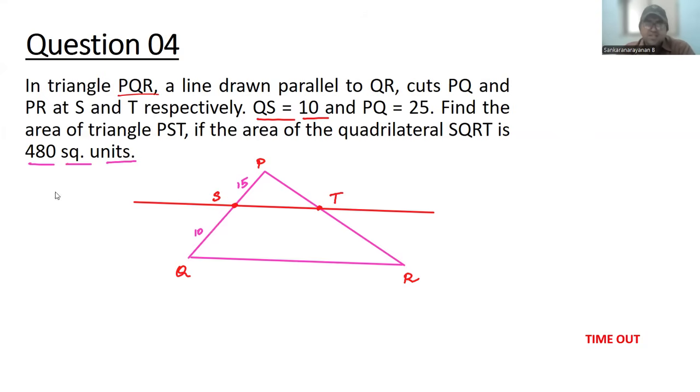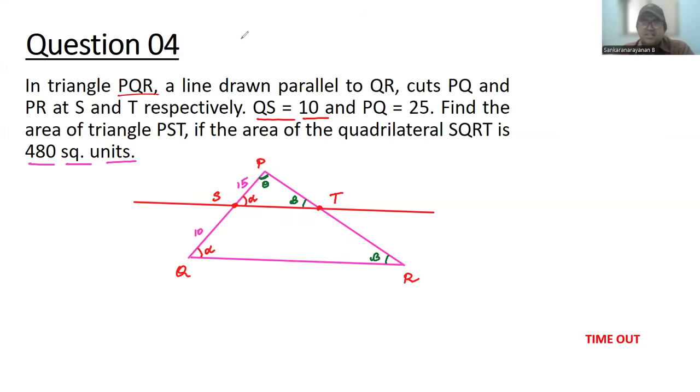If this angle is alpha, automatically this angle will also be alpha, corresponding angles, parallel lines. In the same manner, if this is beta, this also will be beta. And if I consider this angle at P, it is theta.